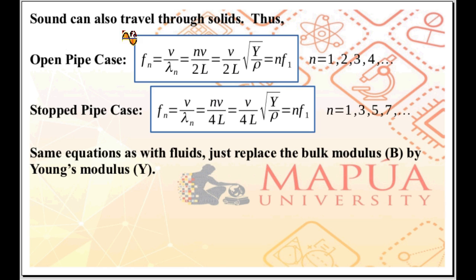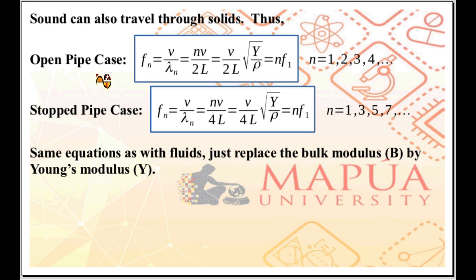Now, sound can also travel through solids. Thus, we also have the open pipe case and stopped pipe case for a solid medium. And the equations are pretty much the same as the open pipe case and stopped pipe case for the fluid medium. Just replace the bulk modulus by Young's modulus.